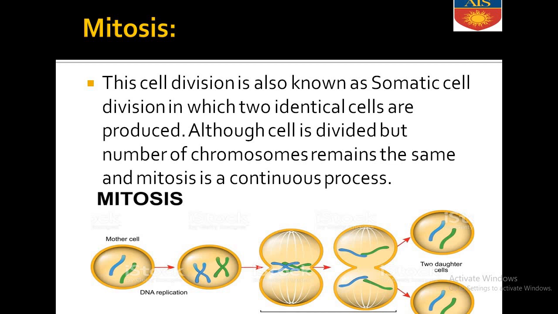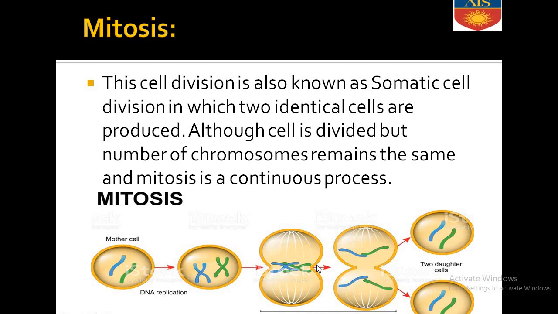In this cell what happens? The cell divides into two and produces two equal and identical daughter cells, and it is a continuous process. See, this is the mother cell. The DNA replicates, then it divides.